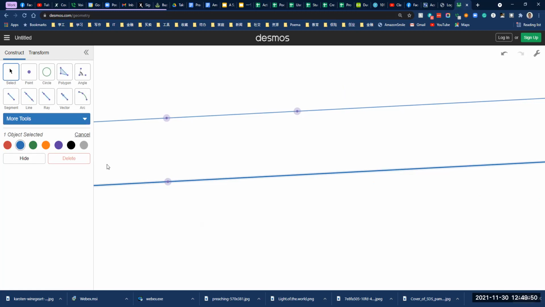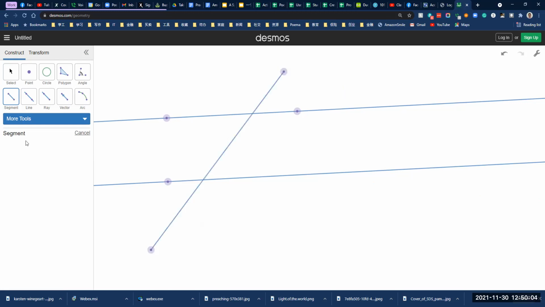So this theorem says that if you have parallel lines and you put a transversal across them, they call it the alternate interior angles are congruent.